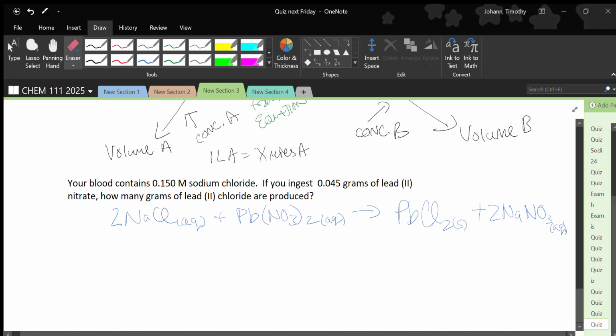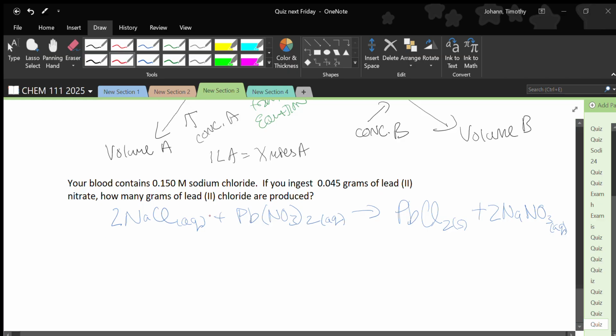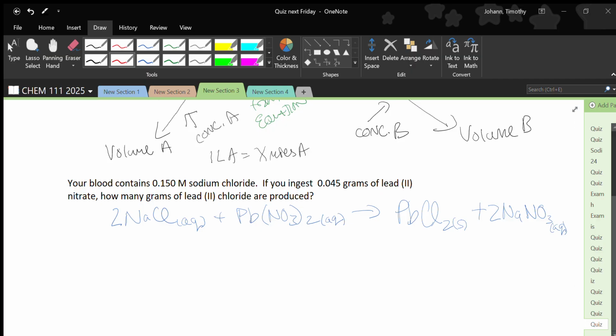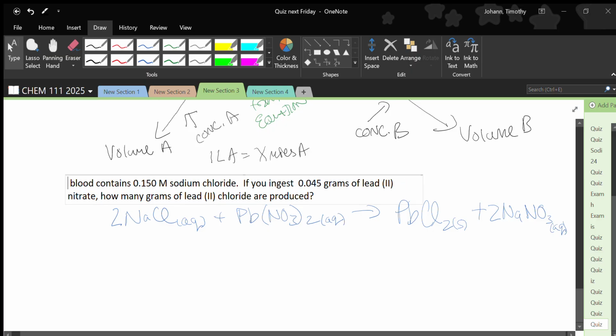So now to solve this problem, it starts telling me, oh, there was never a volume in this. There's a molarity though. That's going to be in excess. I'm going to have to change our problem slightly. So let's say it's a blood bag. What are those?